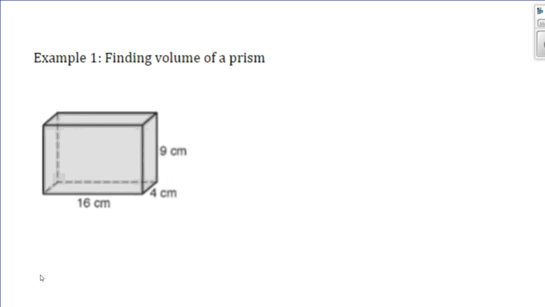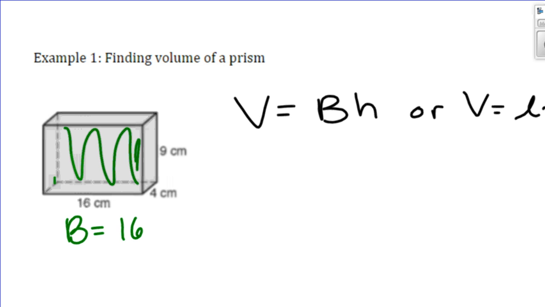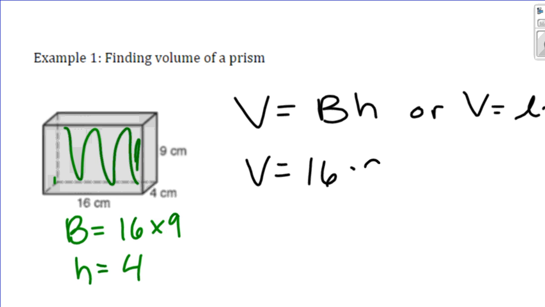Okay, so just a couple examples. We have a rectangular prism. The volume for this is that big base times height, or length times width times height. I see that my base is probably these two squares, the two front ones. So my base is actually 16 by 9, and my height is 4, which gives me volume as 16 times 9 times 4.